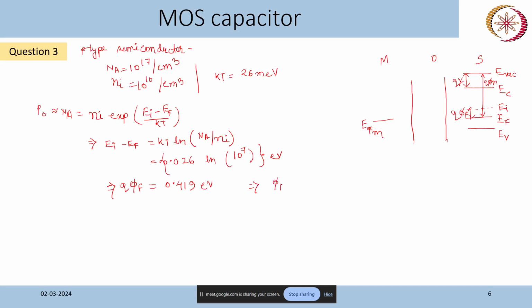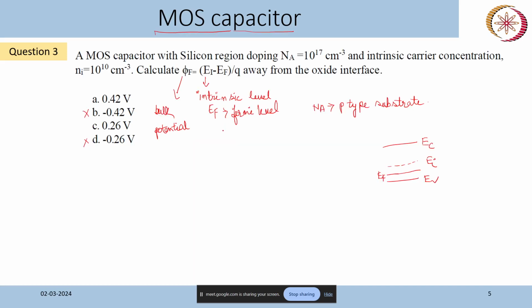Phi f is the bulk potential, so it is in volt, that will be 0.419 volt. So here the answer is A.